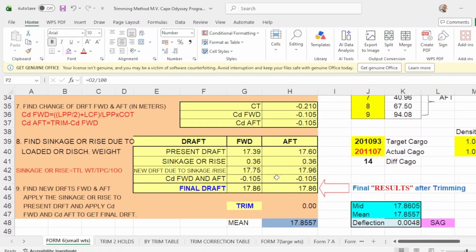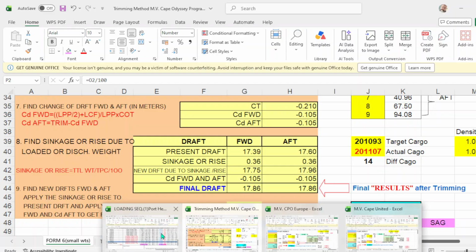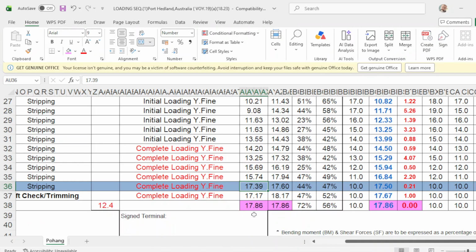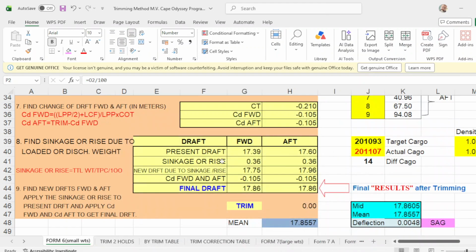Once confirmed, scroll down and your draft forward is 17.86, aft draft is 17.86, zero trim, and your mean is 17.86. Your deflection is 0. So you got here 17.86 even keel. Okay, that is form 6.